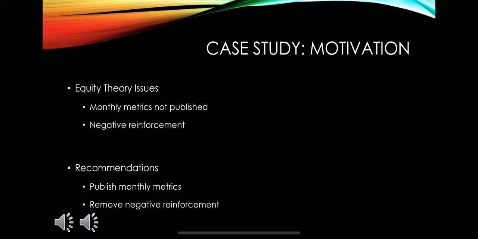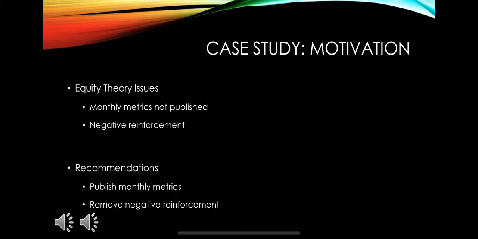When analyzing the case study, there are several factors relating to equity theory that are adversely affecting motivation. The first issue that can be identified is that the monthly metrics of employees are not published. In relation to the core department, equity theory states that employees compare their work input and subsequent output in order to determine fairness within the workplace, which influences their motivation.